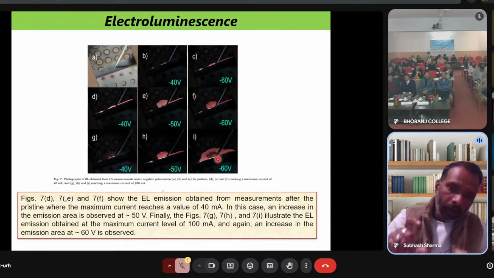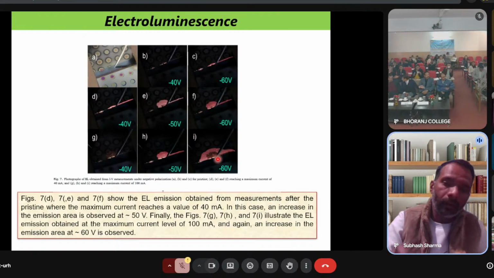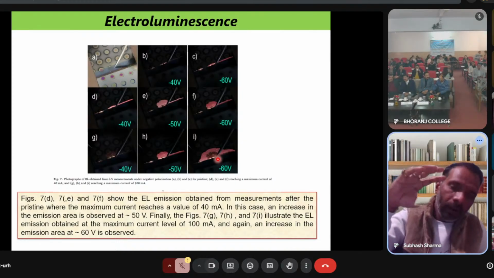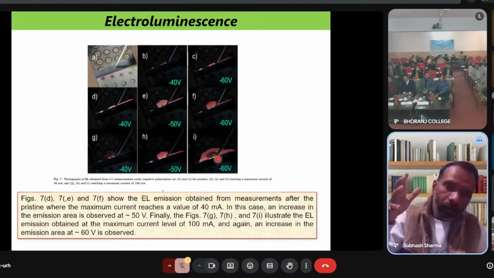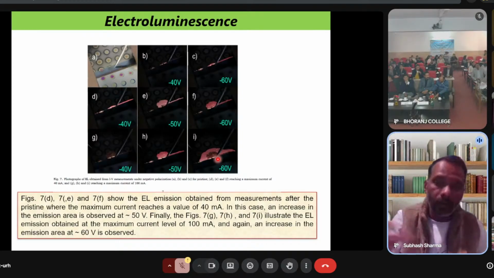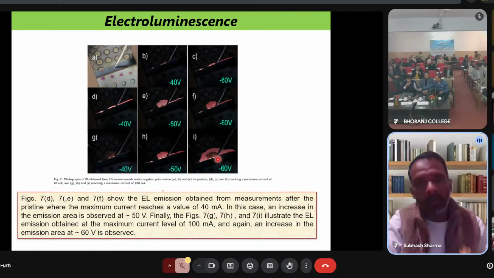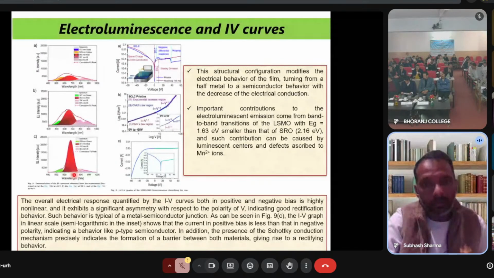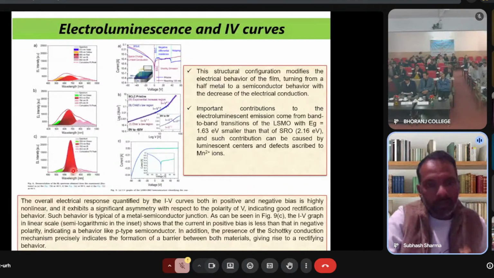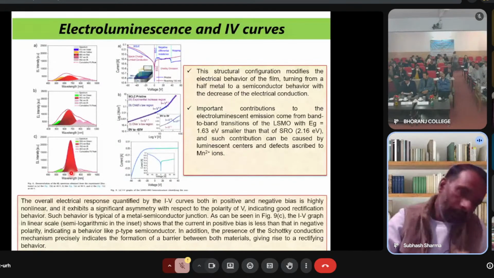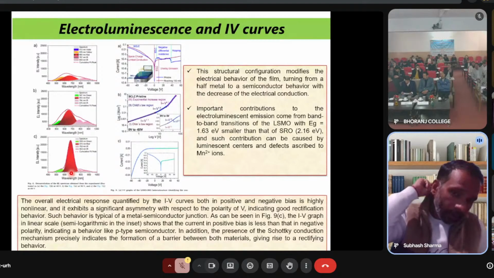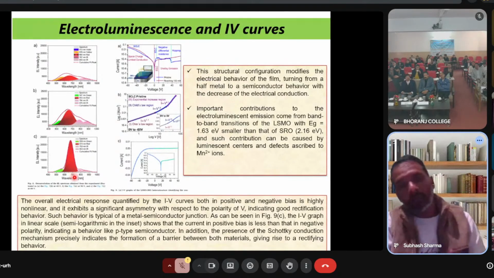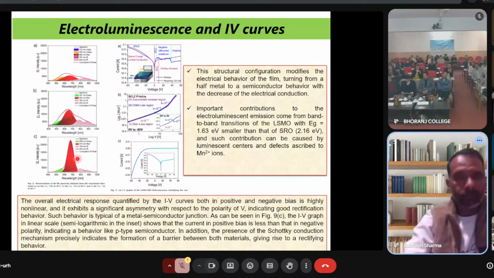Basically we are applying an electric field, and that electric field pushes the charges to go to the valence band, and then from the valence band they make excitation and release the light, and this is called electroluminescence. If you see this, we have more contribution from red light at 60 volt. So from this study by my student, we conclude that if we apply an electric field of 60 volt, we have more emission from the red component.